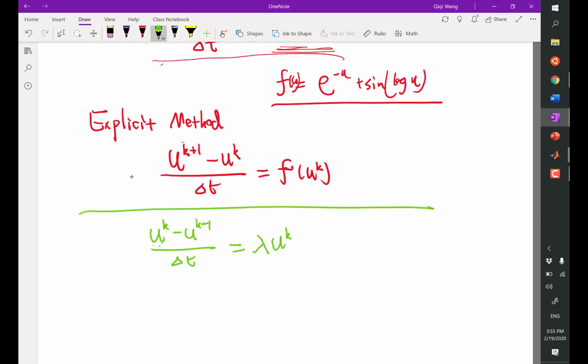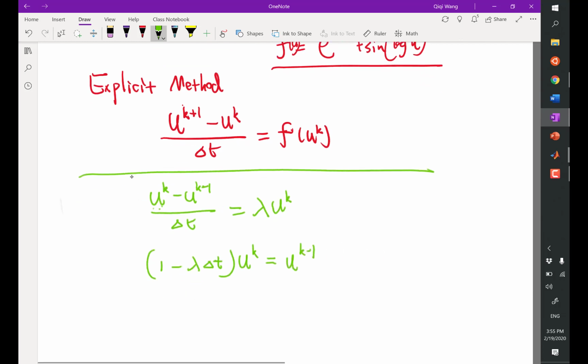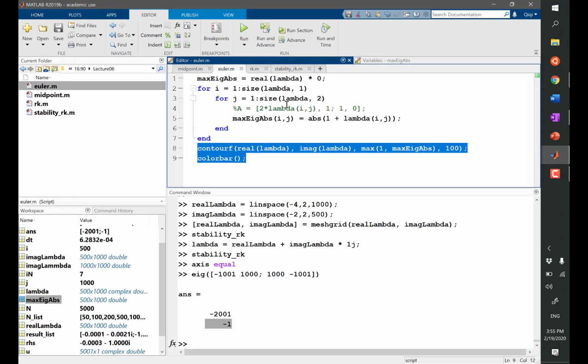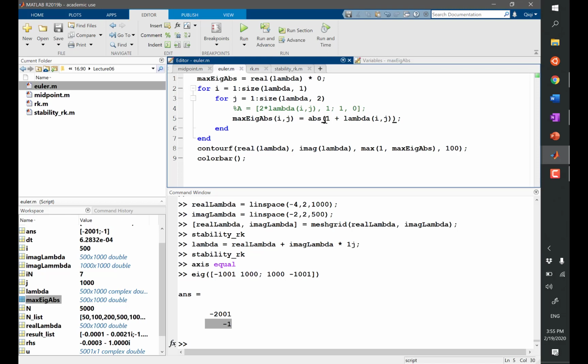If you collect the unknowns, which is 1 minus lambda delta t times u_k is equal to u_{k-1}. And you have u_k is equal to 1 over 1 minus lambda delta t times u_{k-1}. The amplification factor actually is 1 divided by something. Now if you take our Euler code, and instead of the absolute value of this, I have 1 divided by 1 minus lambda, you're going to see a dramatic difference.